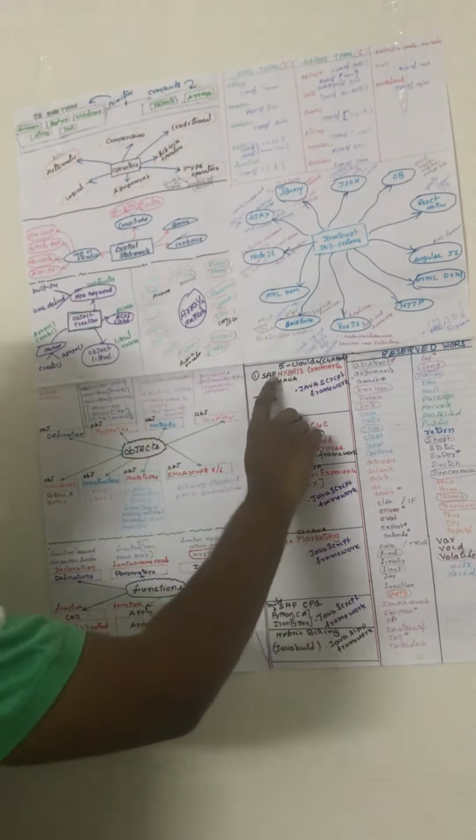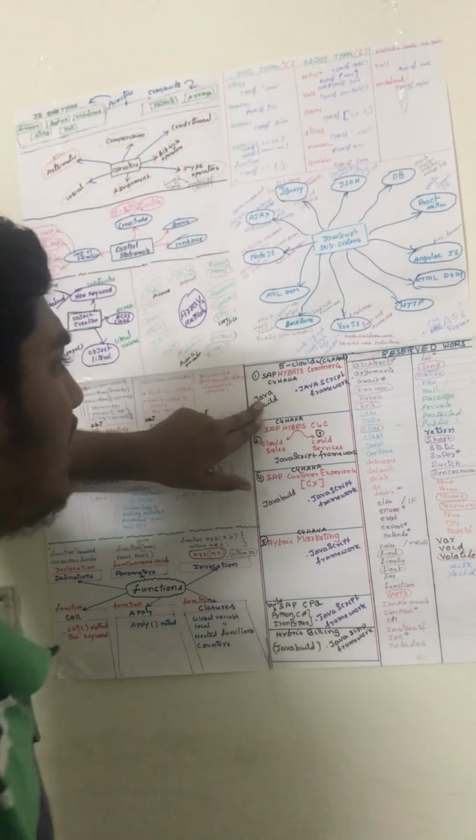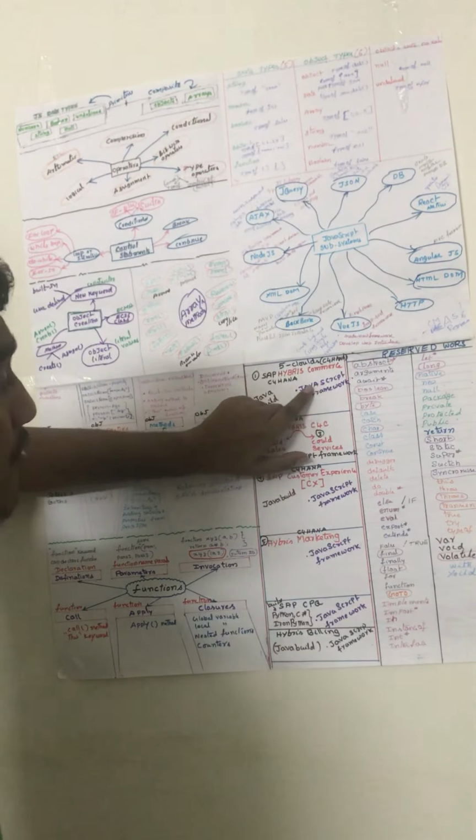The first one is SAP Hybris Commerce C4HANA. As mentioned here, it is Java build. It is built with all the prerequisites of Java, and we use JavaScript framework here in SAP Hybris Commerce.